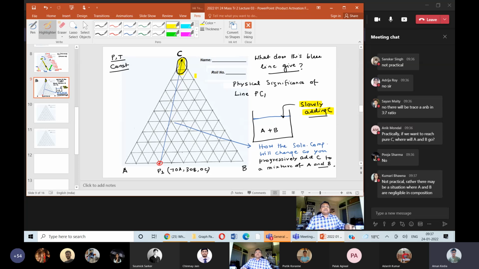So if I take that this line tells us the composition, please remember, from a practical standpoint, not from a graphical standpoint, you can only asymptotically approach C. Clear to everyone?